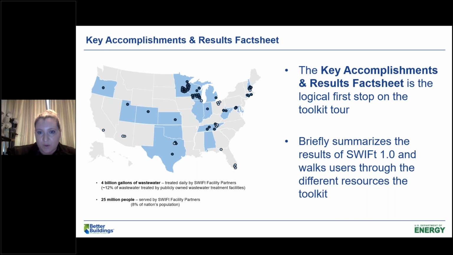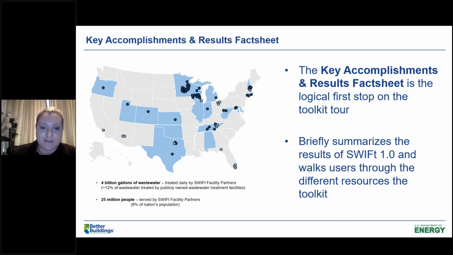You can see it showcases our partners right there, a visual map to show which facilities participated in SWIFT 1.0. Good geographical distribution. We talk about some of the accomplishments of those facilities, and then we get into the structure of the toolkit. So when you're first coming into looking at the toolkit, you should have this fact sheet up. It's your one-stop shop. Very nice to have along next to you as a compendium to guide you through how to walk through the toolkit.